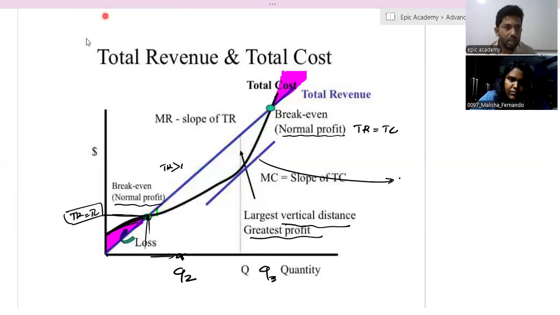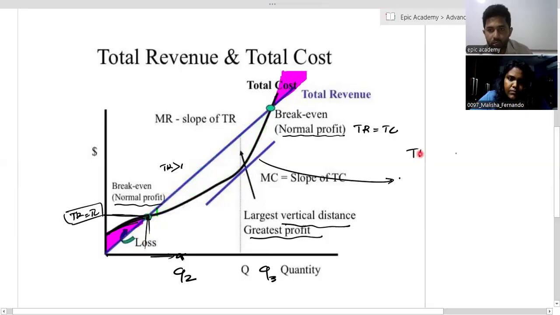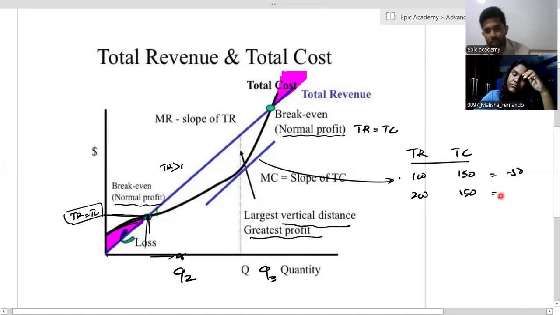Now you can identify that the distance between TR and TC always represents the profitability, isn't it? Yes. As an example, TR is 100, TC is 150. So this is a loss, minus 50. Okay. TR is 200, TC is 150. The distance between those two components is 50, so plus 50 profit. But just consider 300 and 200.